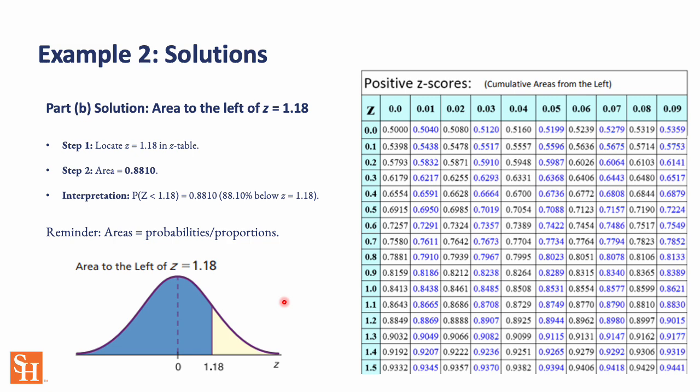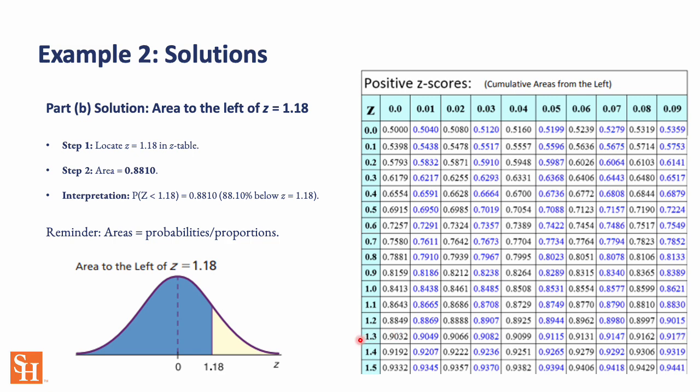Suppose somebody tells you to find the area to the left side of Z score 1.49, then what we have to do? We first have to look where is 1.4. So here we have 1.4, then you have to see where is 0.09. So we have to go all the way to where is 0.09. Then for 1.39, the value to the left side of Z score 1.39 is 0.9177, and so on.